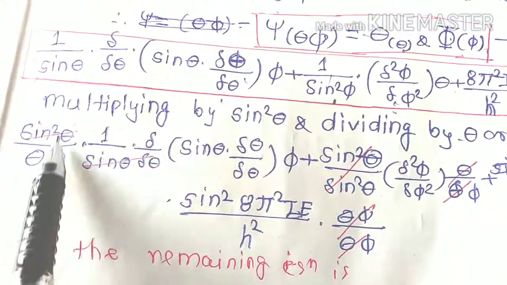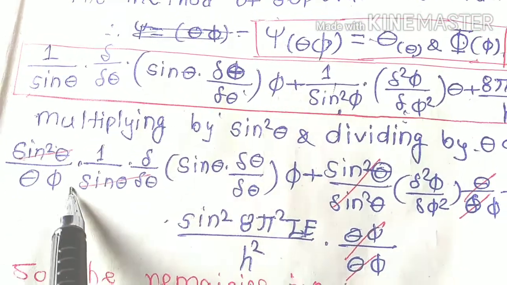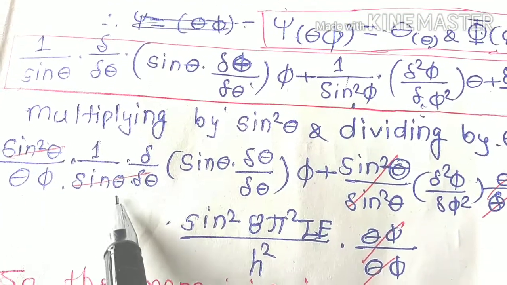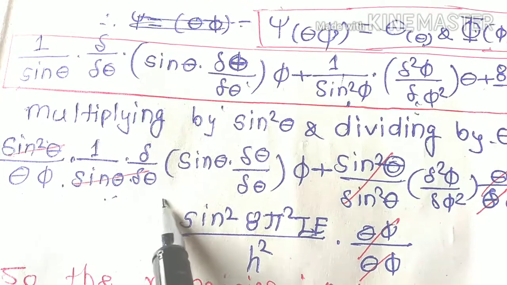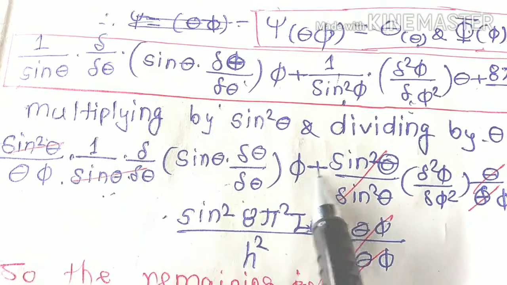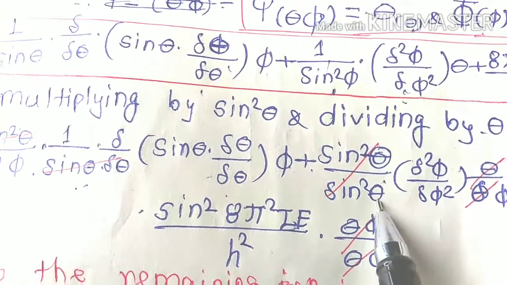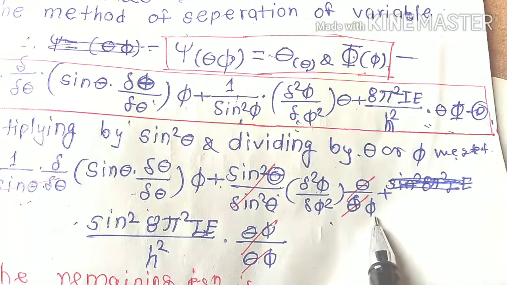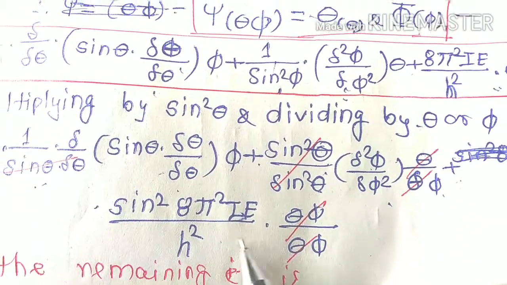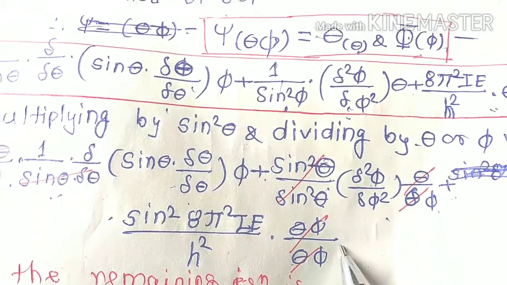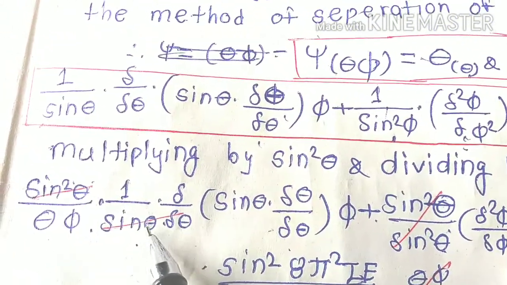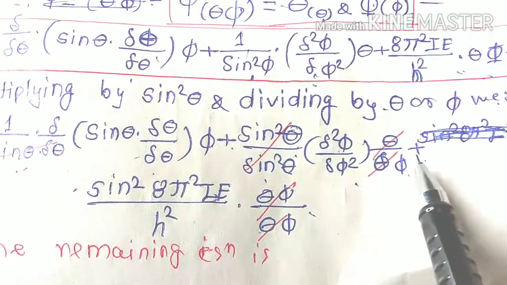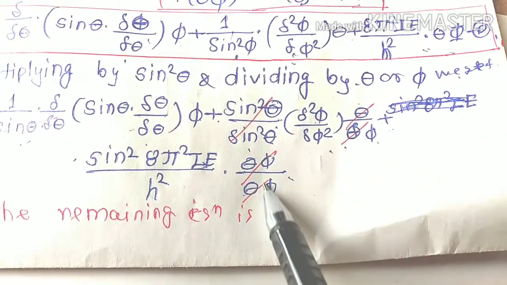Here we eliminate sin²θ by sin²θ. Here sin²θ gets cancelled, Θ by Θ gets cancelled, and ΘΦ by ΘΦ gets cancelled.